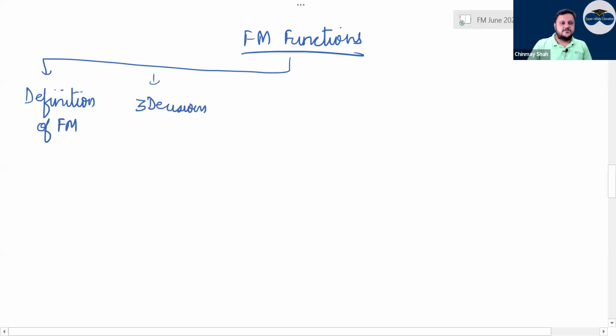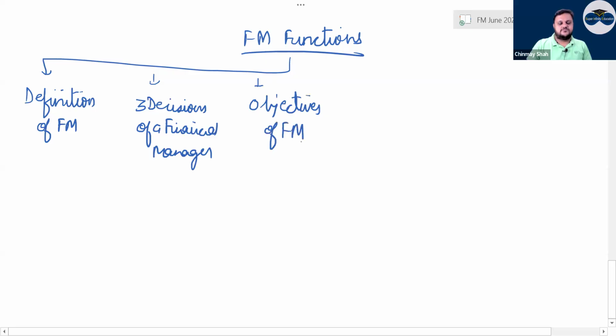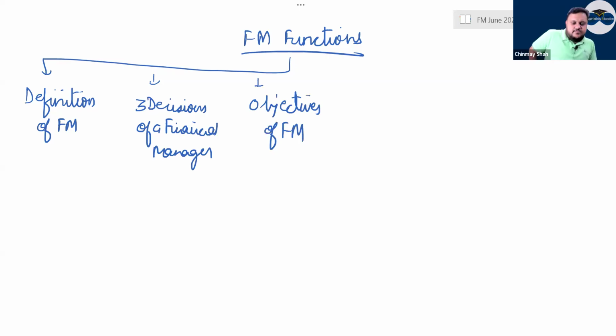Three decisions of a financial manager. Objectives of FM.